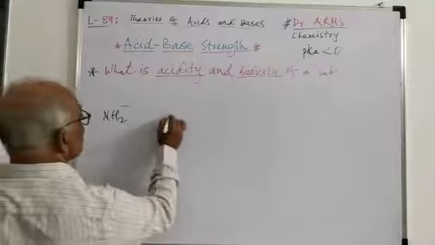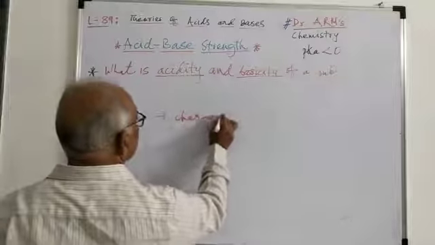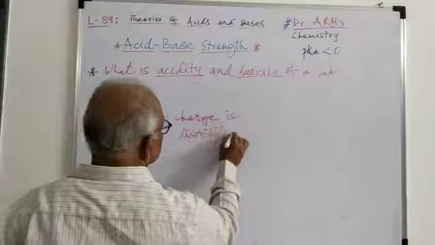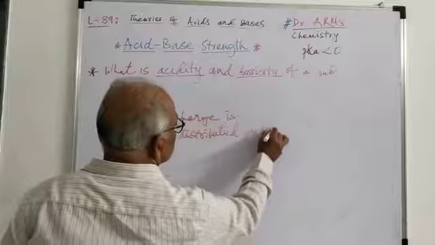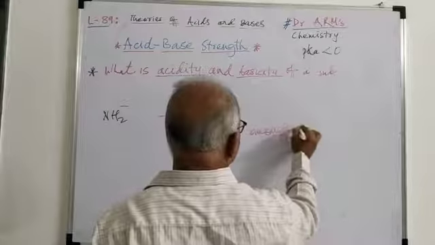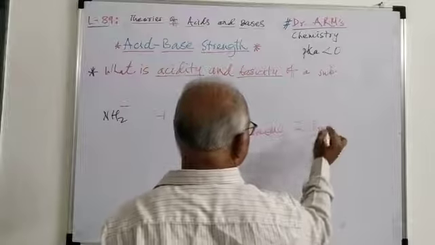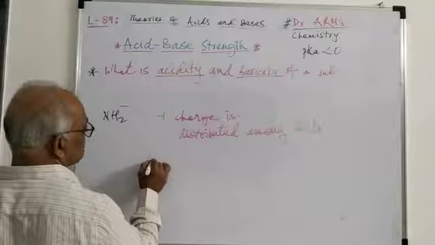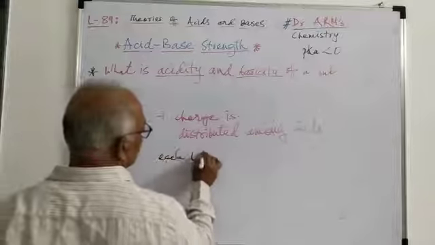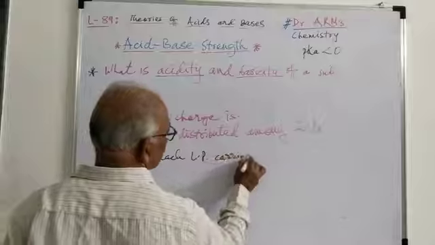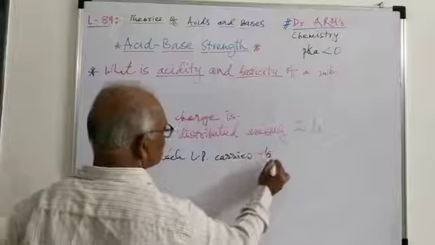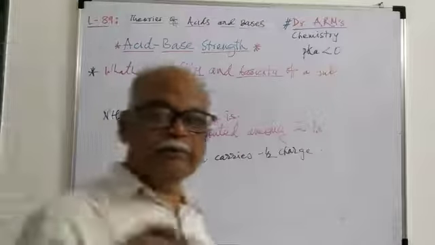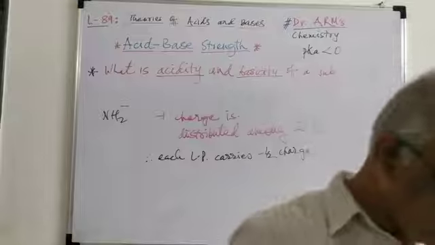So the minus one charge is distributed among two lone pairs. Therefore, each lone pair carries minus 1/2 charge.